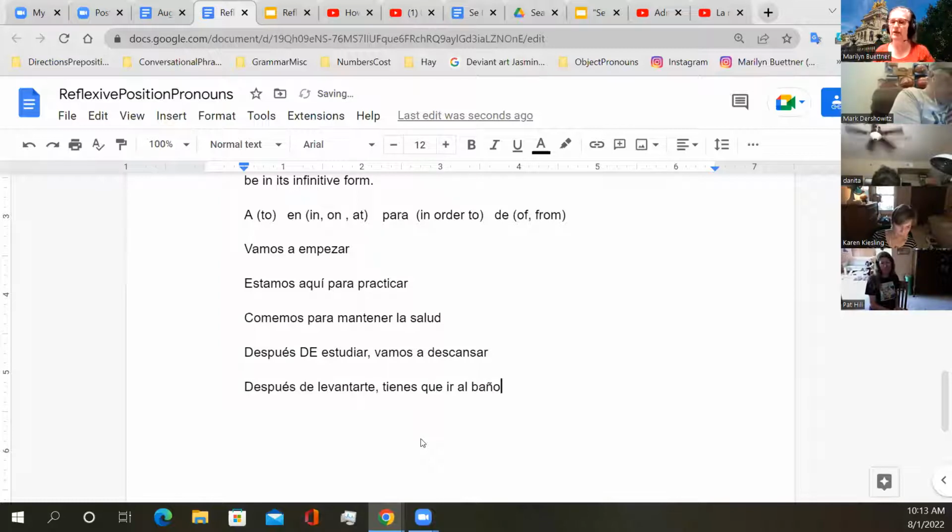After getting up, you gotta go to the john. Después de levantarte, tienes que ir al baño. We've got a little verb after de, which is a preposition. And because it's a reflexive and it's not conjugated, I'm going to have to make it the little caboose on the end of the train. Después de levantarte. After getting up.